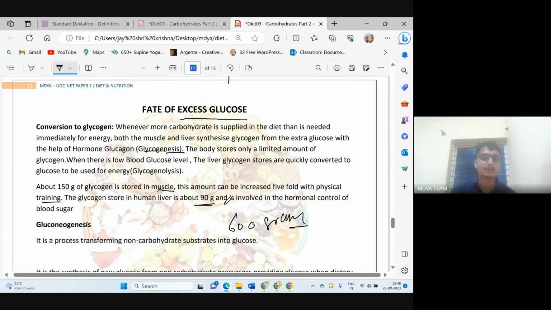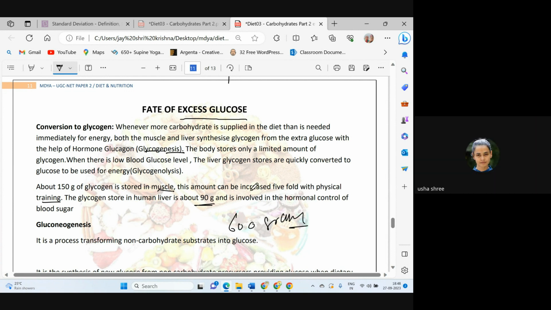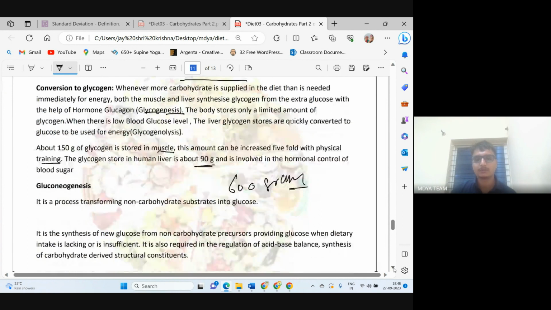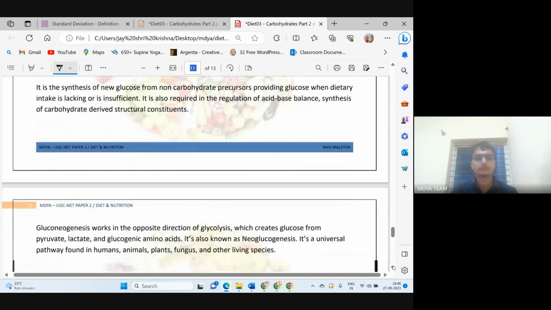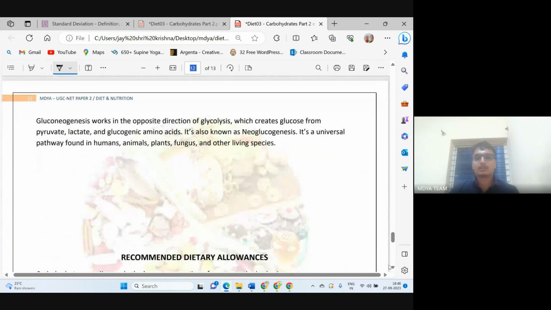After that, what happens to the excess? It is converted into fat. Gluconeogenesis we also discussed in previous classes: it is formation of glucose from non-carbohydrate substrate. As I told you, this is also known as neoglucogenesis.